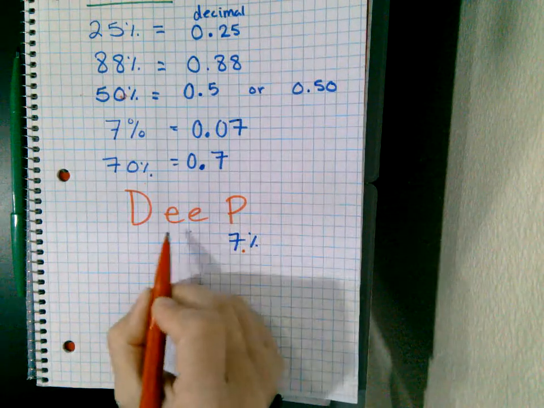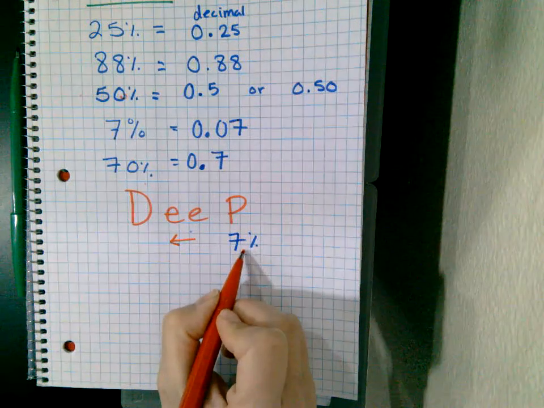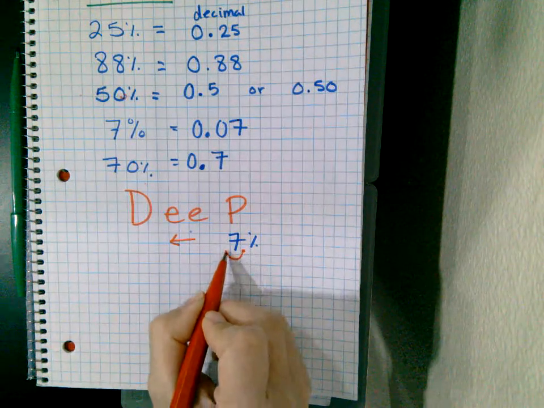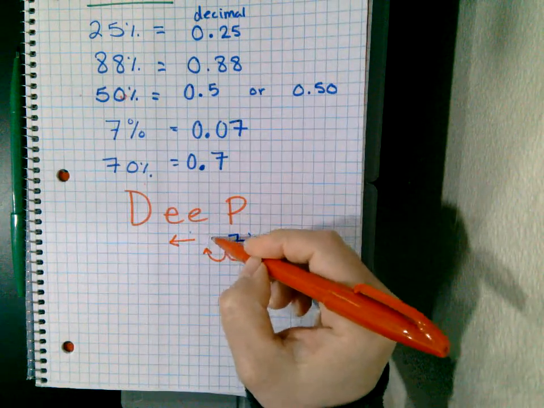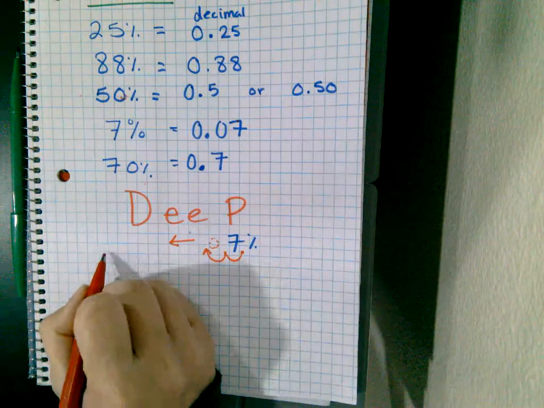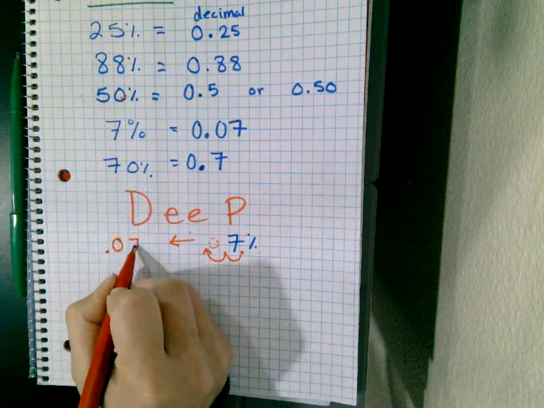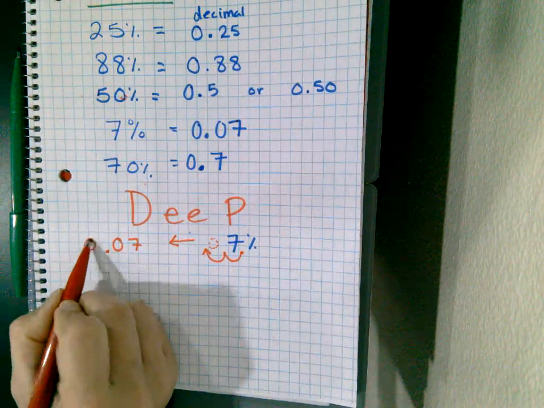And I have to move it 2 times to the left to make it into a decimal. So I move it 2 times, 1 and 2. And because there's this extra blank space here, that's where I write the 0. So it would be 0.07. That's why we have this extra 0 in the front.